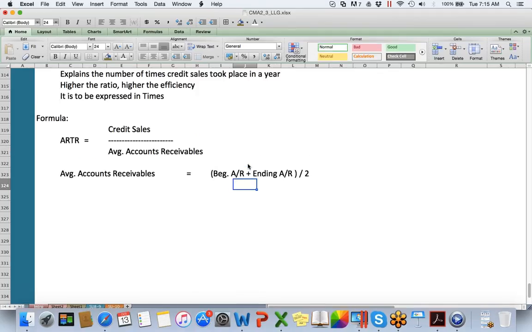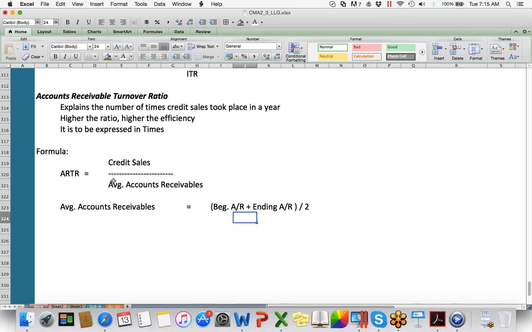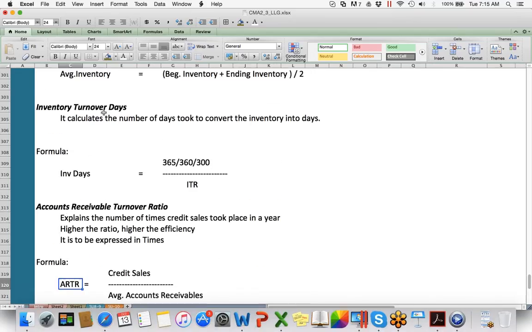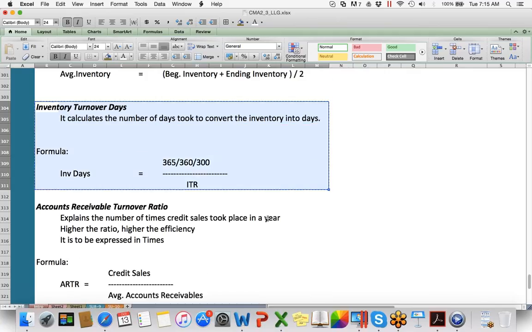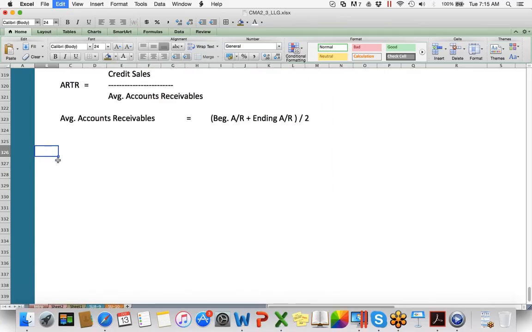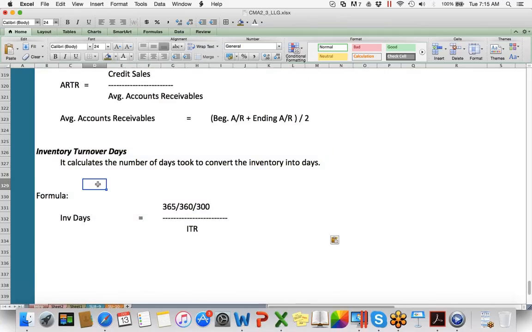Okay, when you understand this, again, once you calculate this ratio, just convert it into days, accounts receivable turnover days. Remember always the days you need to find out from the question itself.